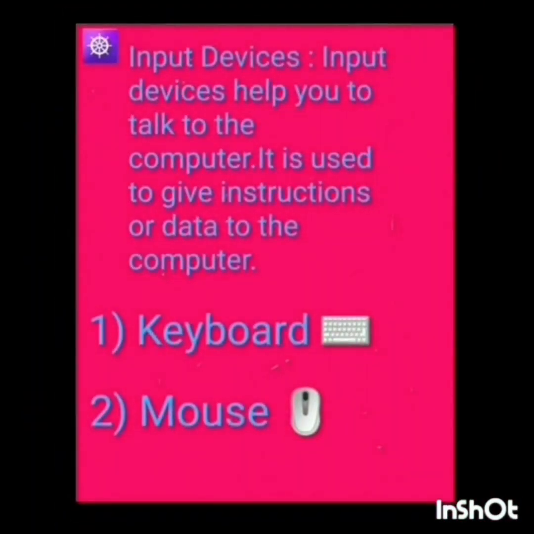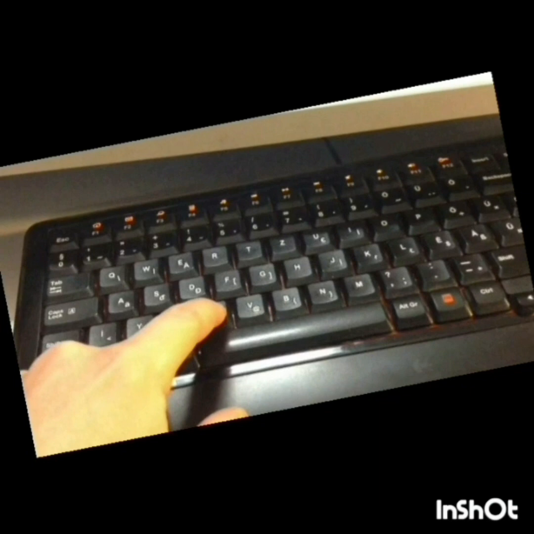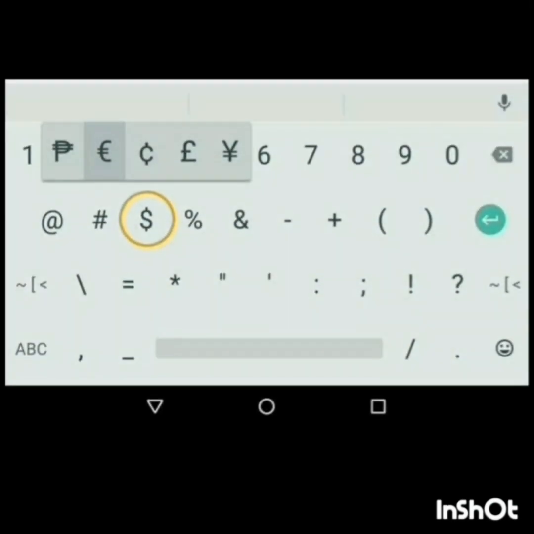Okay, now let's start. See the input and output devices. The input devices are the keyboard and mouse. What is the meaning of input device? Input devices help you to talk to the computer. They are used to give instructions or data to the computer. Let us learn about a few input devices. First, keyboard. A keyboard is an input device that allows a person to enter letters, numbers, and other symbols into a computer.